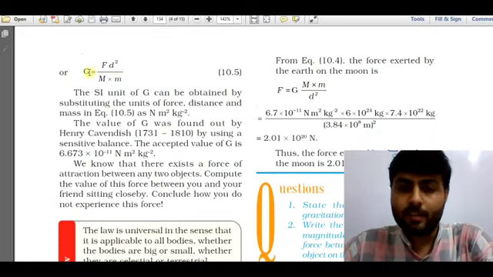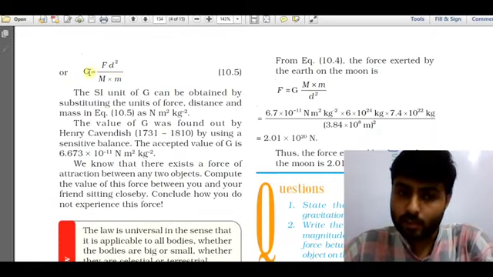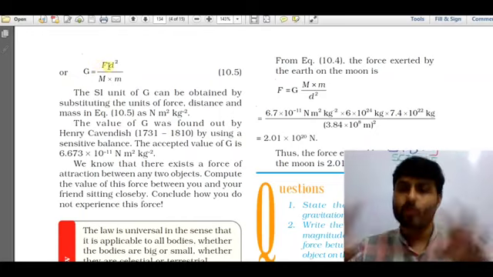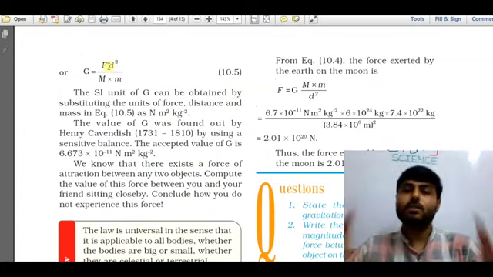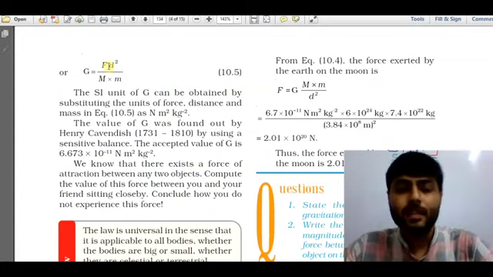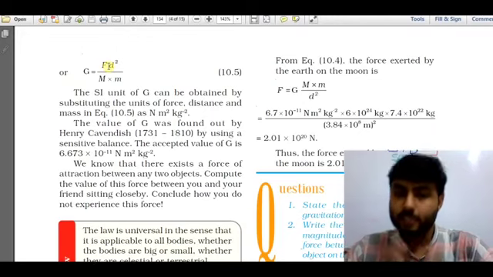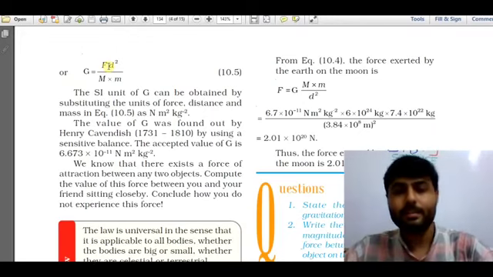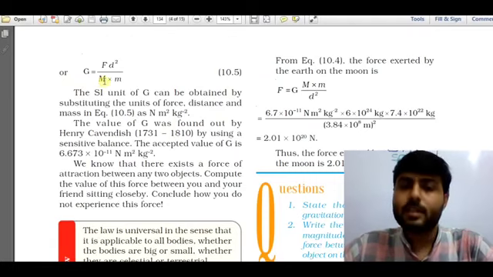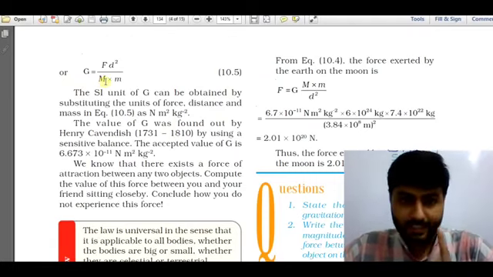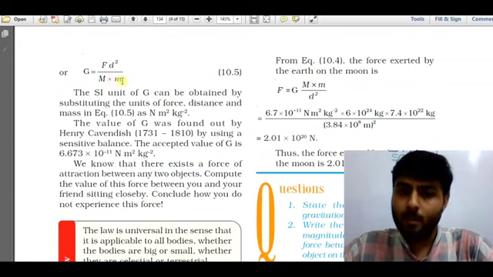That is universal gravitation constant. F is force between these two objects, particularly gravitational force between these two objects. D is distance between these two objects. Capital M is mass of object A and small m is mass of object B.